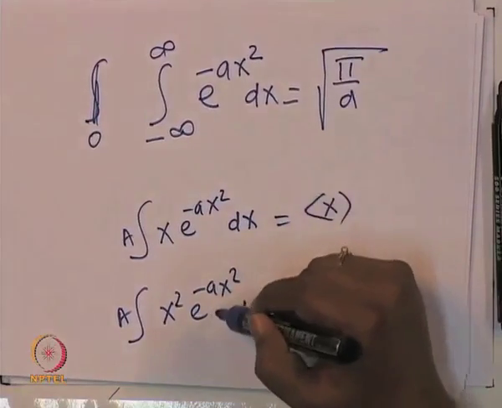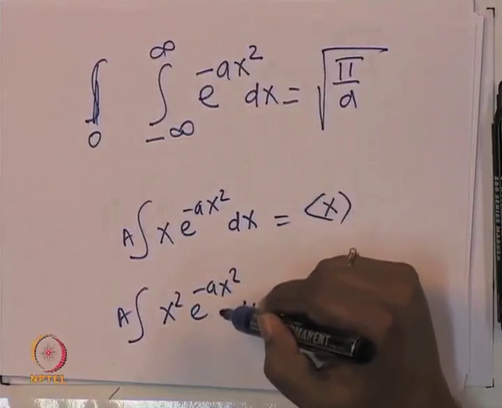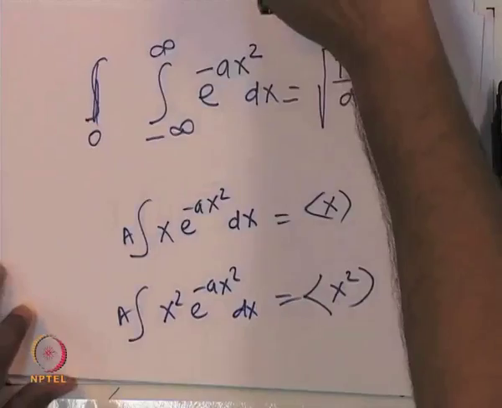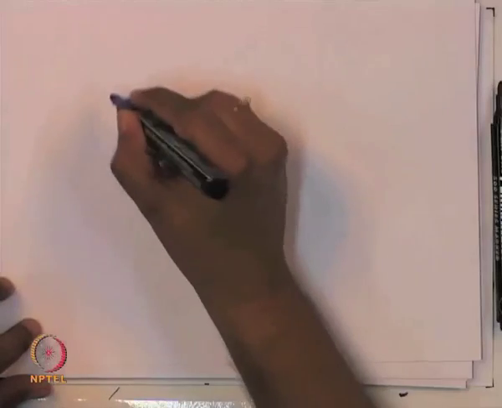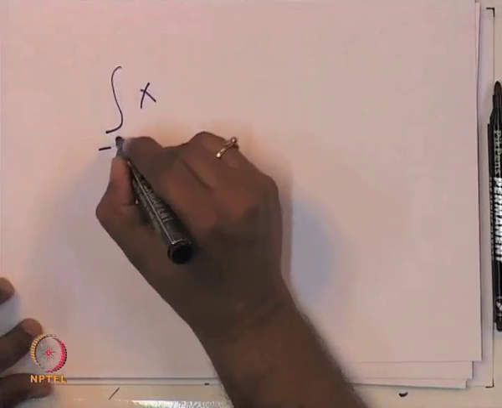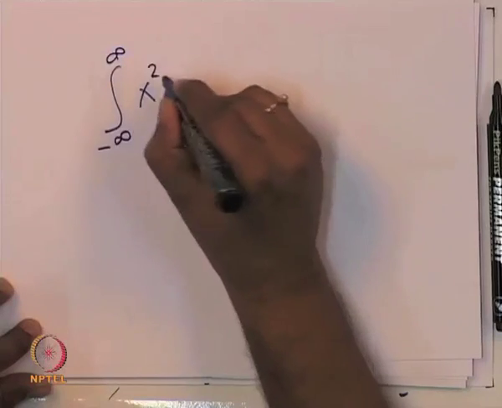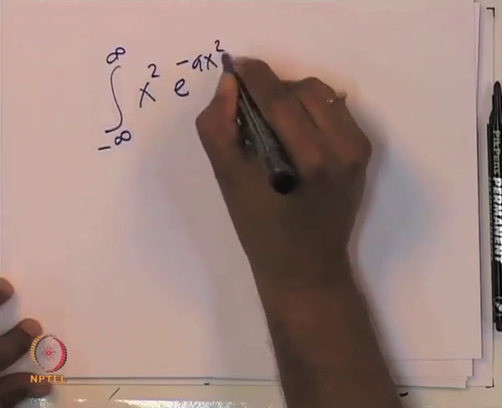So, let us quickly look at how to do this integral, which is x square e power minus a x square. What we want to do is the integral from minus infinity to infinity of x square e power minus a x square dx.